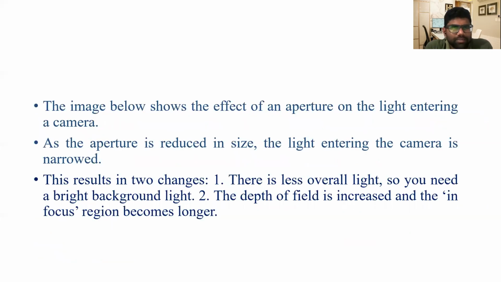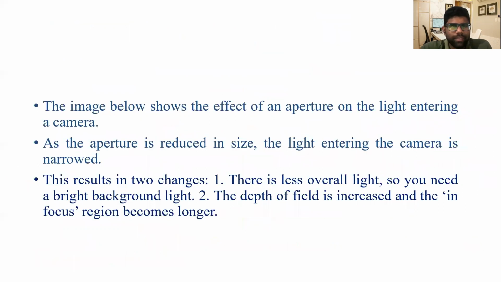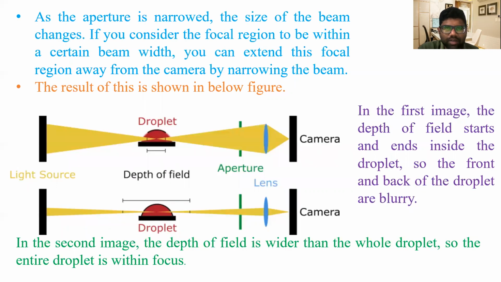Now the image below shows the effect of an aperture on the light entering the camera. As the aperture is reduced in size, the light entering the camera is narrowed.